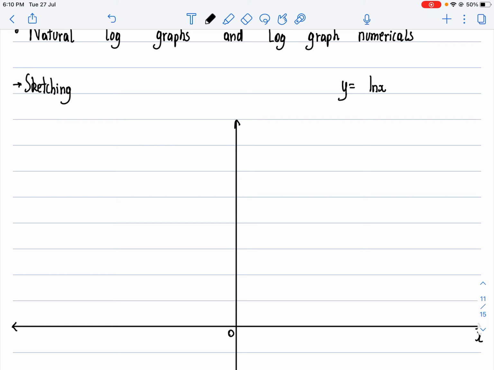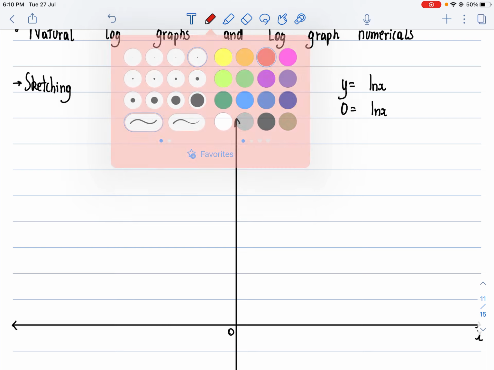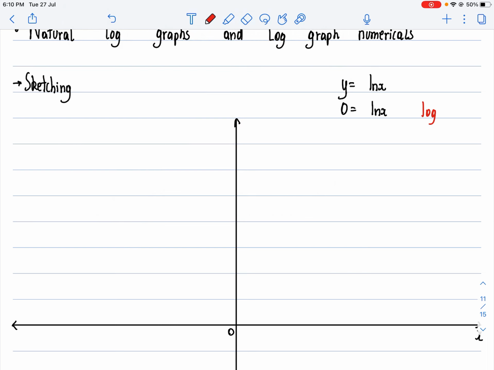Here you need to know that this cannot touch the y-axis, because your x can never be 0, because ln of 0 is not possible, correct? And when you take your y as 0, you basically get 0 equals ln x. Then you can use the log property, which states that log of b with the base a equals c can be written as b equals a raised to c.